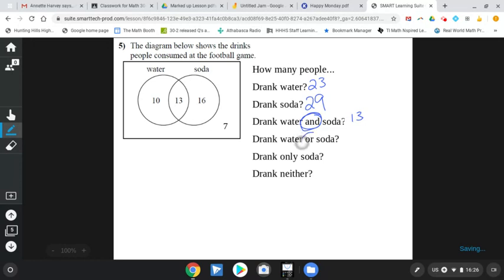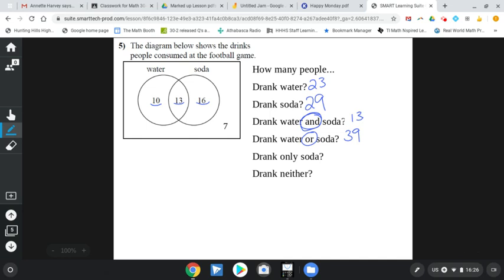Now, "or" is one that is a little trickier. We just looked at it on that last page. "Or" is where we're going to add up all the numbers that are in the diagram. So 10 plus 13 plus 16 comes out to be 39 people that drank water or soda.